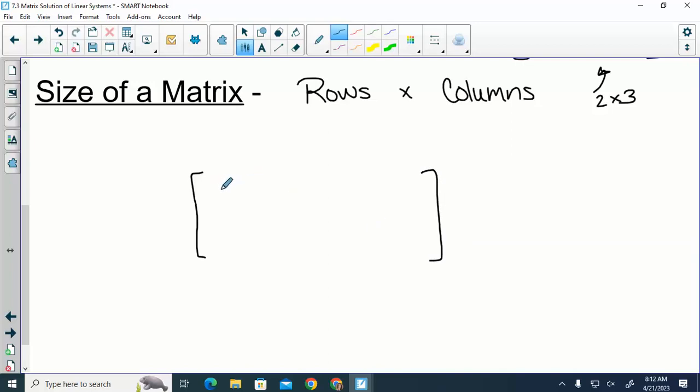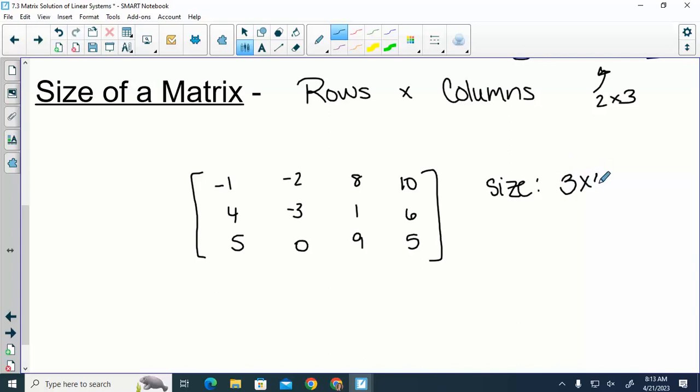All right. So I'm just going to put a matrix up here and talk about a few things. So using this matrix, what is the size? 3 by 4.